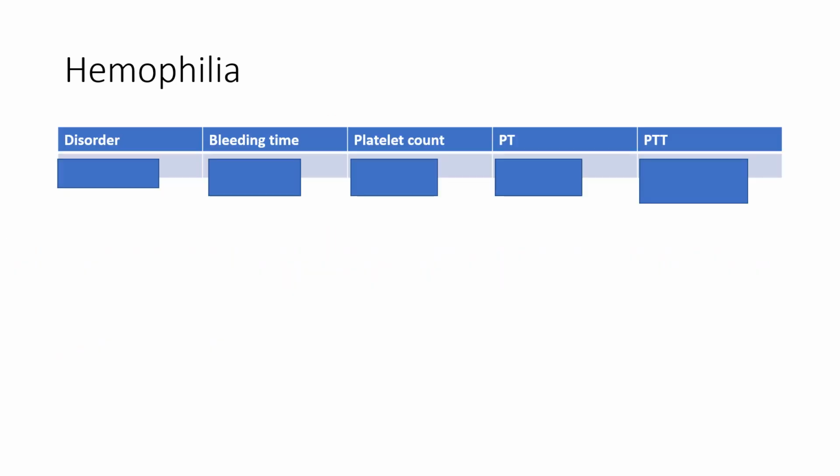So let's do the chart here. Hemophilia. What is the bleeding time? Excuse me. In hemophilia, increased, decreased, or normal? Well, let's think about it. Hemophilia is an intrinsic coagulation cascade defect. Does that affect the bleeding time?